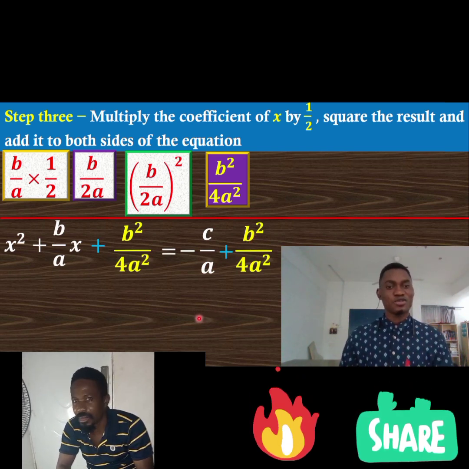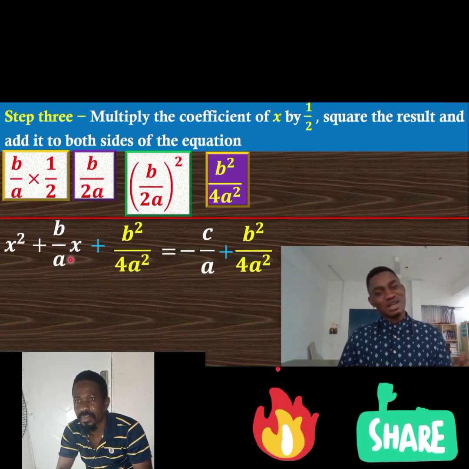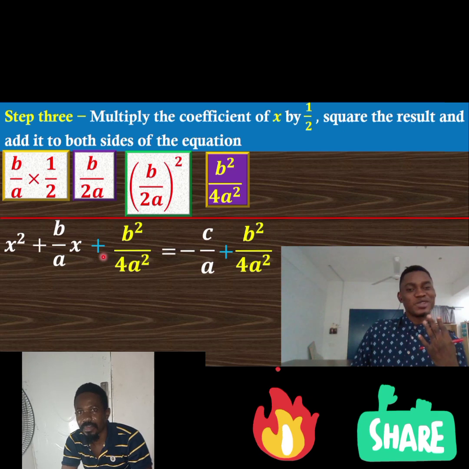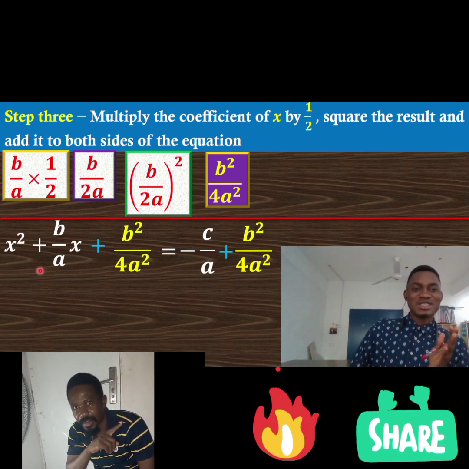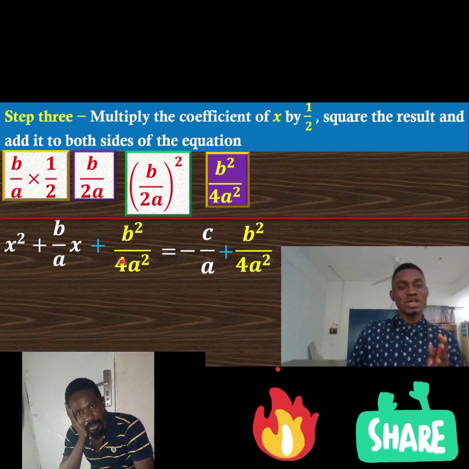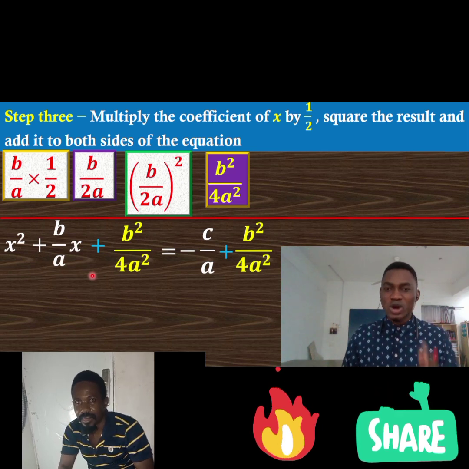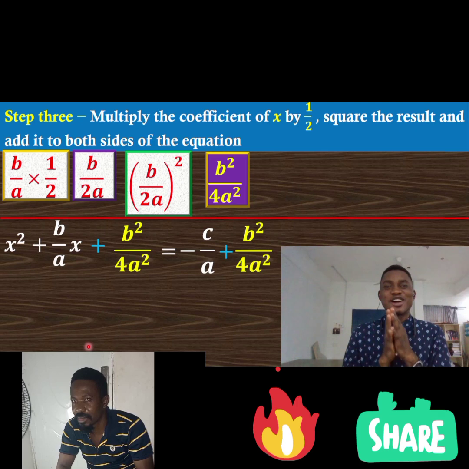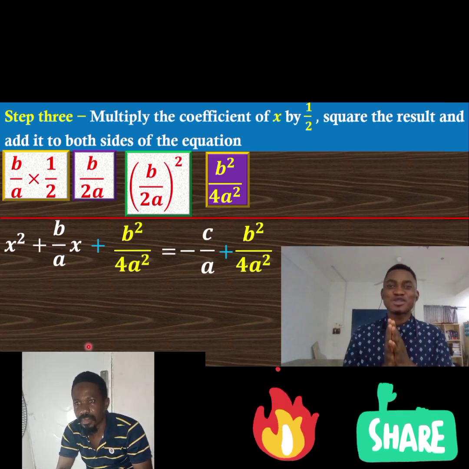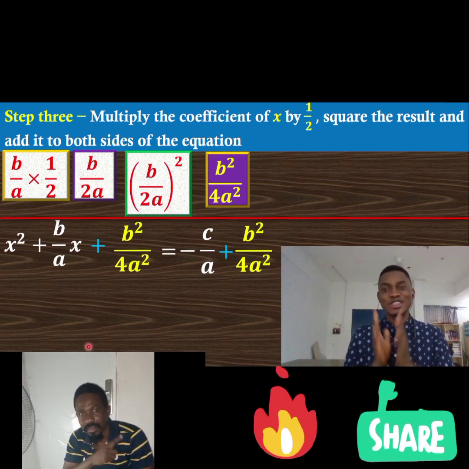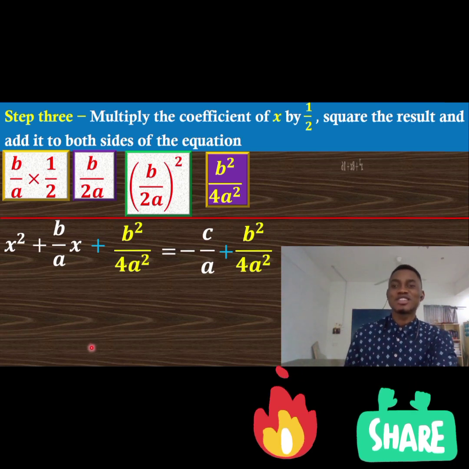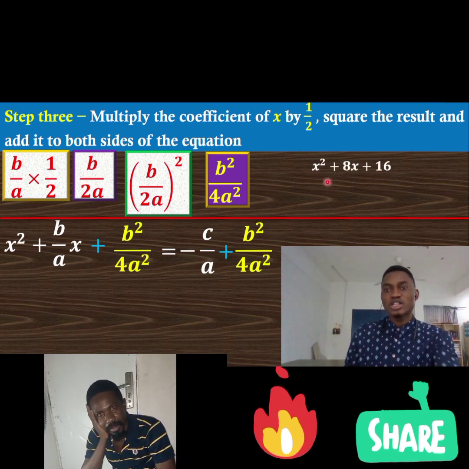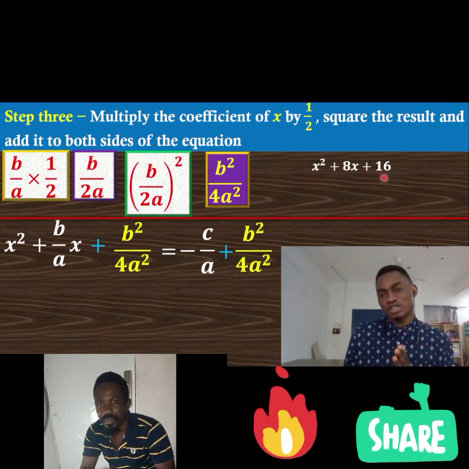Okay, now friends, let's look at the left hand side of our equation. Now, this left hand side is called a perfect square trinomial. All right, guys, let me give you examples of perfect square trinomials. Let's look at this quadratic expression. We have x squared plus 8x plus 16.